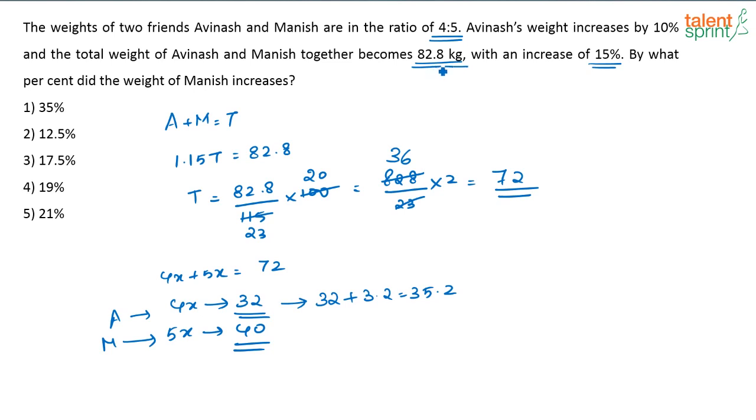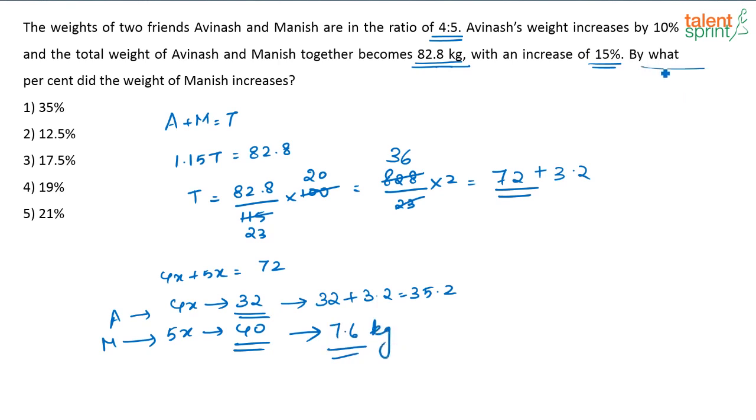Now it has become 82.8, right? So if Avinash's weight is increasing by 3.2, this is nothing but 75.2, right? The remaining increase that has happened is because of the increase in Manish's weight, or I can say Manish's weight has increased by 82.8 minus 75.2, which is nothing but 7.6 kgs. So Manish's weight has increased by 7.6 kgs.